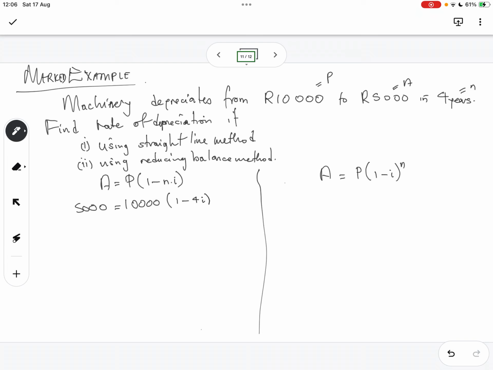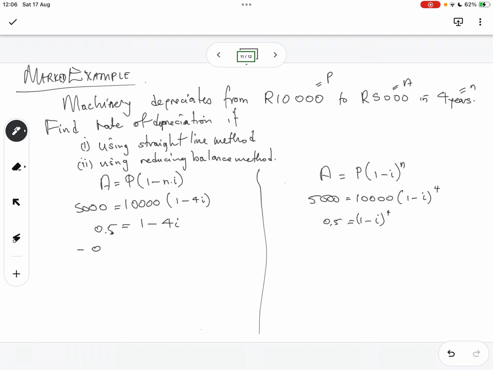So we'll have 5,000 equals 10,000 into 1 minus 4 times i. And here we'll have 5,000 equals 10,000 into 1 minus i to the power 4. Taking multiplicative inverses, that's 0.5 equals 1 minus 4i, and 0.5 equals 1 minus i to the power 4 on that end.